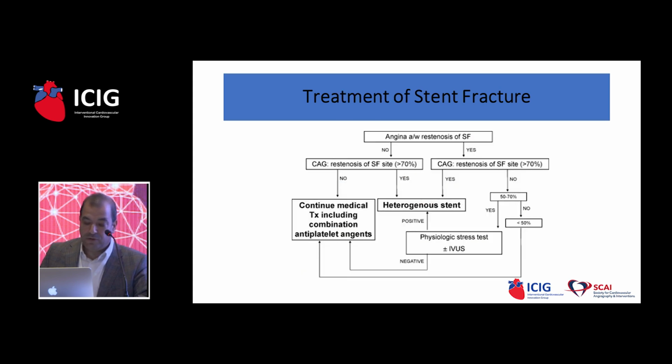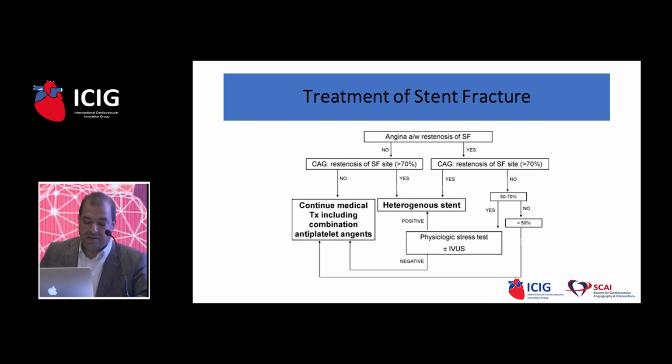So the algorithm to treat: if the patient has no complete fracture and is not actually having a significant restenosis rate, then you go with medical treatment, probably antiplatelet. For those patients that you leave for medical treatment, probably you need an IVUS or a stress test.